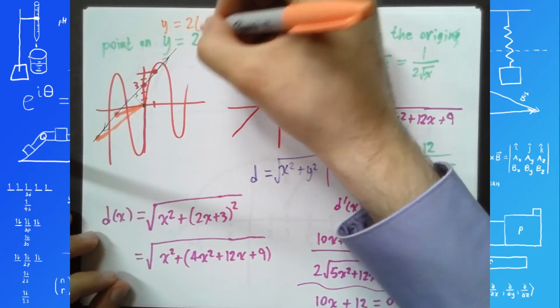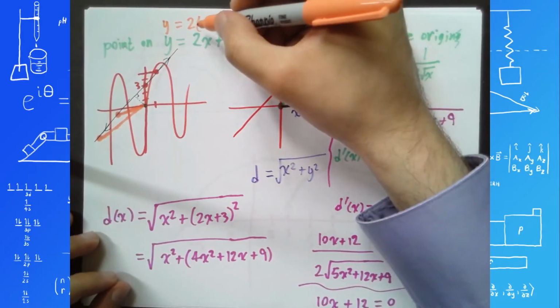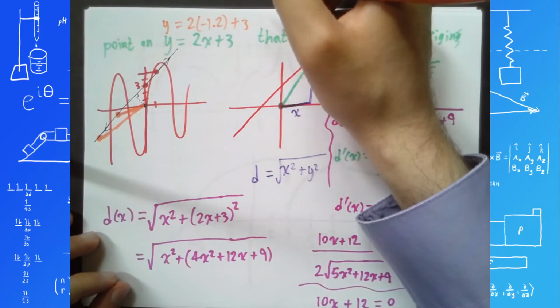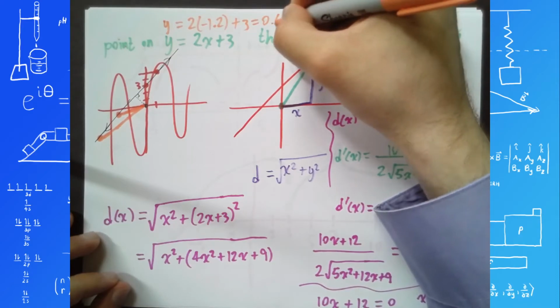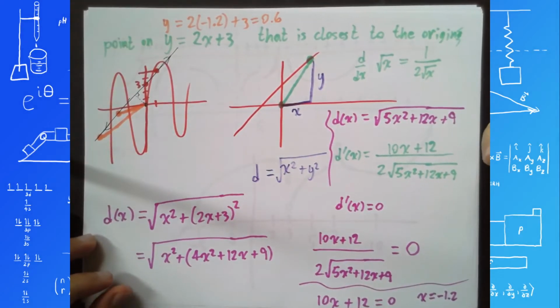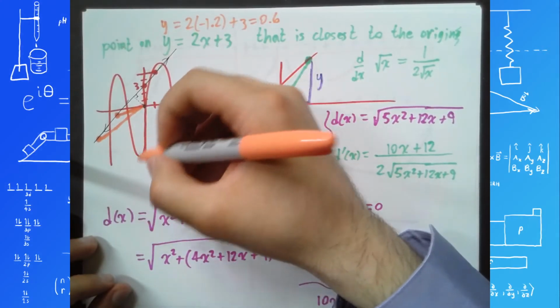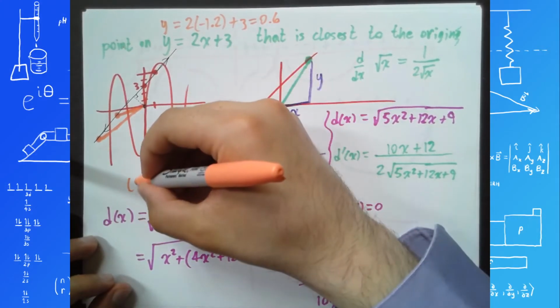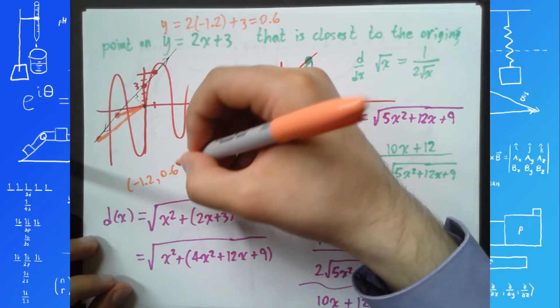Y equals 2 times negative 1.2 plus 3. That's negative 2.4 plus 3, which is 0.6. Okay, so it looks like the closest point is at negative 1.2 comma 0.6.